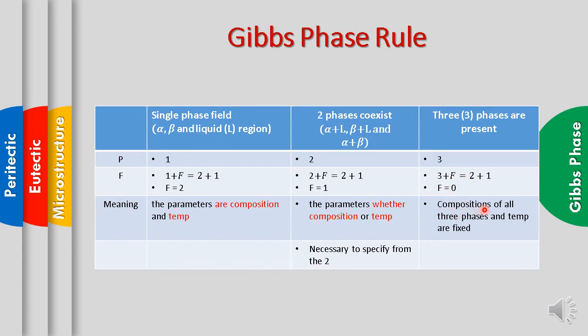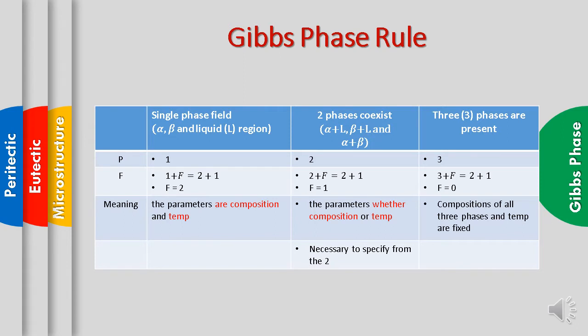So the composition of all three phases and temperature are fixed. That means composition, temperature, and the value of pressure are all fixed. So we already know that they are all fixed.